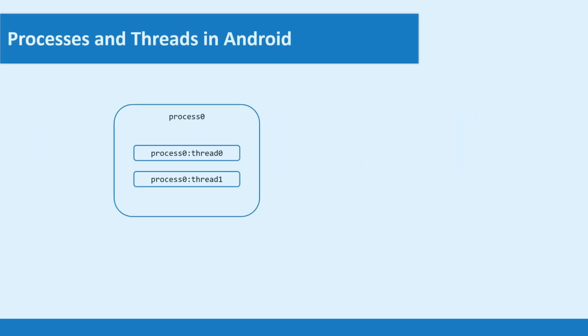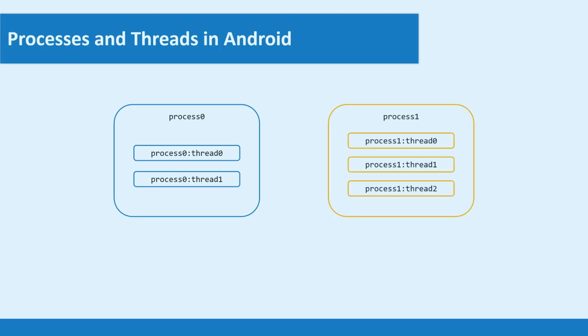So we have process 0, and this process has two threads in it, thread 0 and thread 1. And then we have another process, process 1, and this process can have, for example, 3 threads in it. Threads in process 0 share the sandbox, the execution environment, with process 0 itself, and threads in process 1 share the execution environment, the sandbox, with process 1.